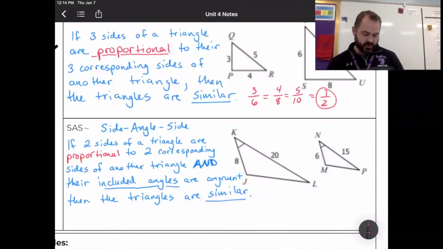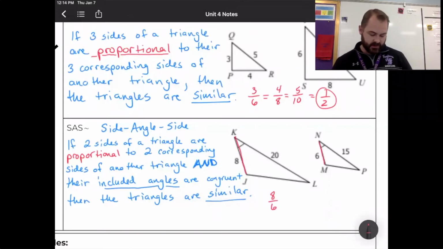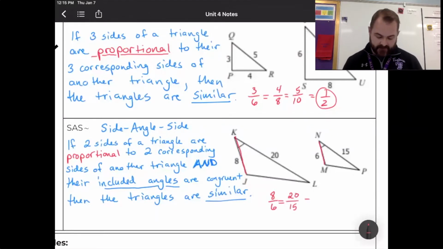We have the shorter of the two sides given here as 8. Its corresponding side on the other triangle would be a 6. That ratio is going to have to be the same ratio as the longer side, 20, over its corresponding side, 15. And those would actually be equal, because if I reduce each of those fractions, I get the same thing.